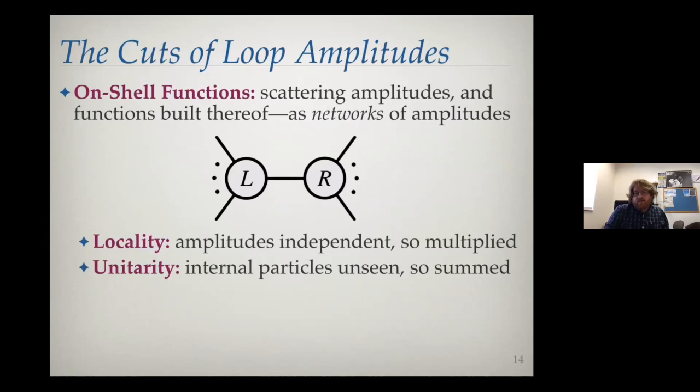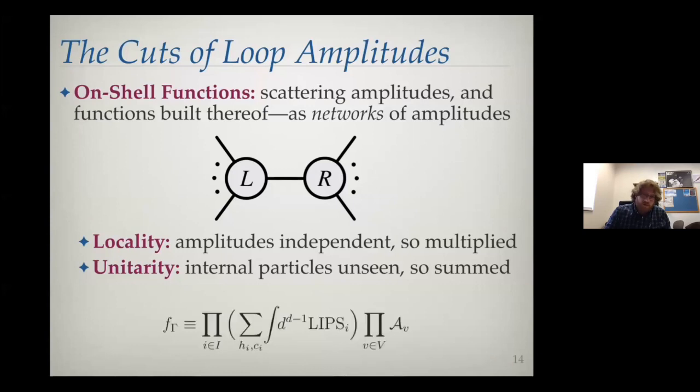Unitarity dictates that the internal particle, because it's unseen, we have to sum over a complete set of states. And in particular, that means integrating over the on-shell phase space, and summing over all the other quantum numbers that can be exchanged between these. I'm writing this here in a way to make it clear that it's defined in d-dimensional theories. It really has absolutely nothing to do with 4 dimensions or anything like that.